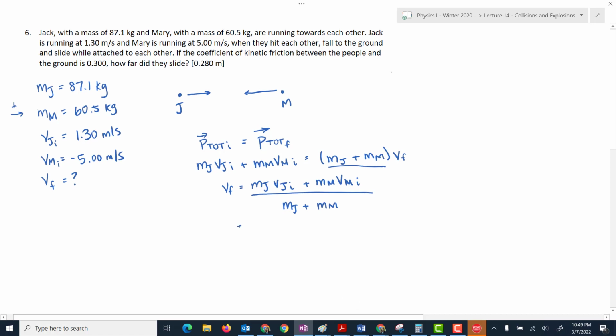So let's start to put in everything I know. Mass of Jack is 87.1. Velocity of Jack initial is 1.3 plus mass of Mary, which is 60.5 times velocity of Mary, which is -5, over both of their masses together, 87.1 plus 60.5.